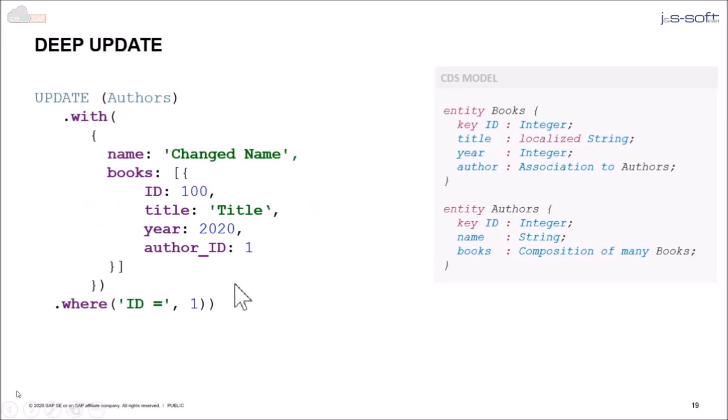So if the entity is not presented here but presented in the data store, then it will be deleted there. If the entity is present here but is not in the data store, then it will be inserted. And for entities which exist both here and in the data store, the entities will be modified. And again, you see here, I have used another notation using where and not by key as in the previous example, but for such simple things, this is really equivalent.